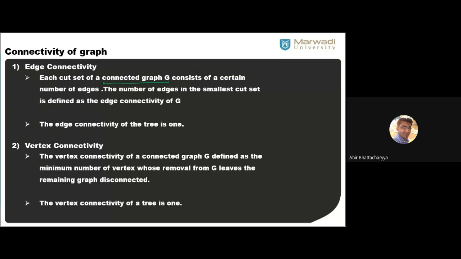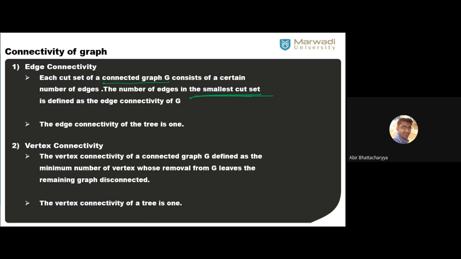That means what? For a graph, many cut sets are there. Like I asked you already, find 7 cut sets. No problem with that, but in this case, you have to find the smallest cut set. The smallest cut set means the cut set having the smallest number of edges. It may be 1, 2, 3, 4, depending on the graph. That number is known as the edge connectivity of the graph.